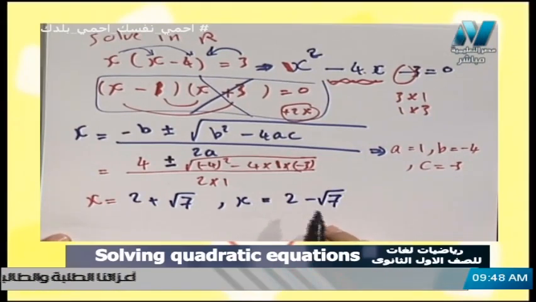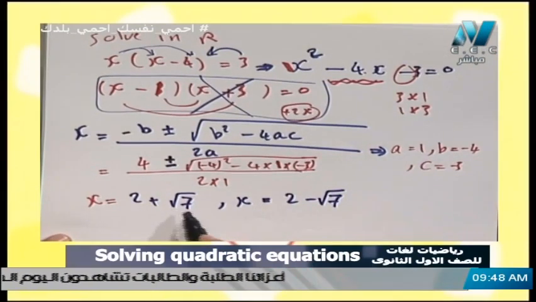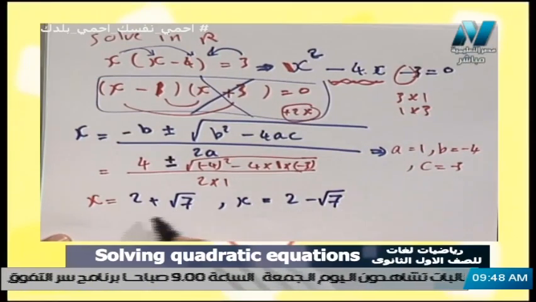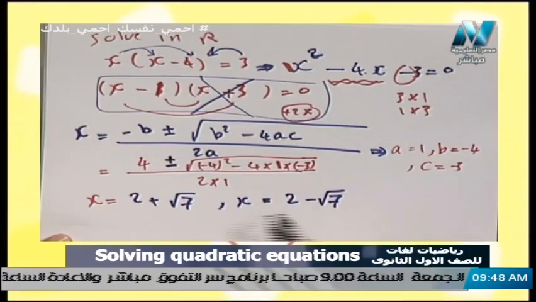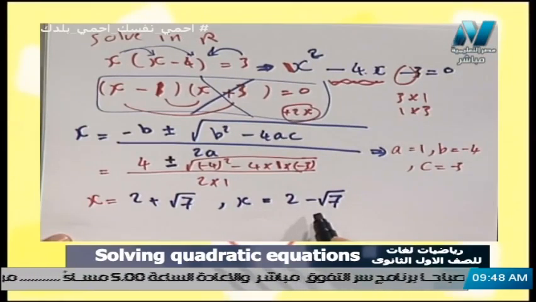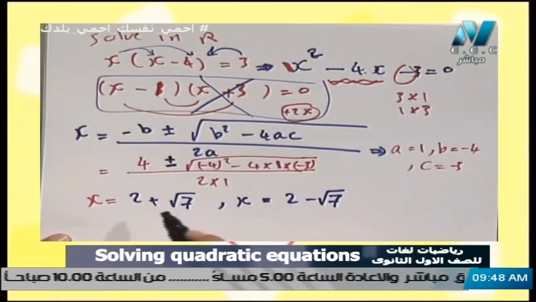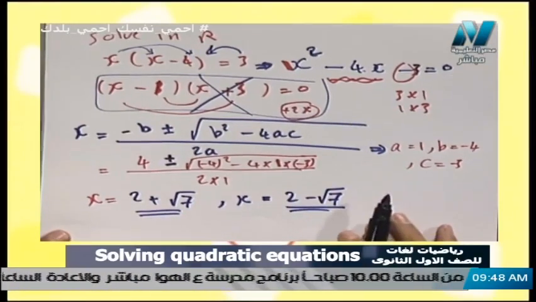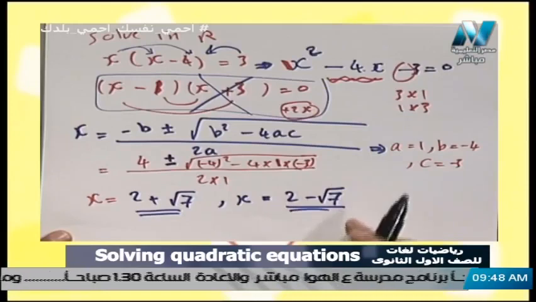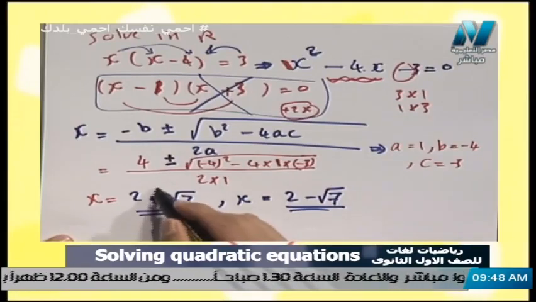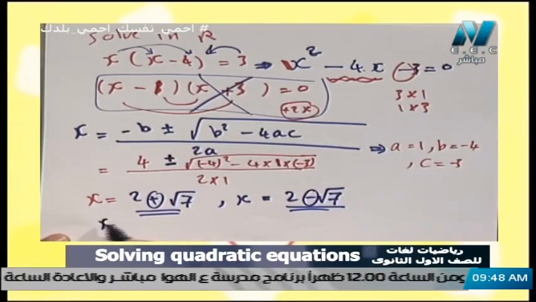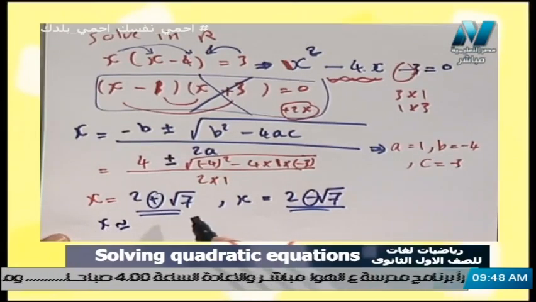Notice, my dear students, that here 2 plus root 7 and 2 minus root 7, when we have two solutions that are in roots, we have two conjugate numbers, 2 plus root 7, 2 minus root 7. Here plus will be minus here. Okay? And we can find it approximately using a calculator.